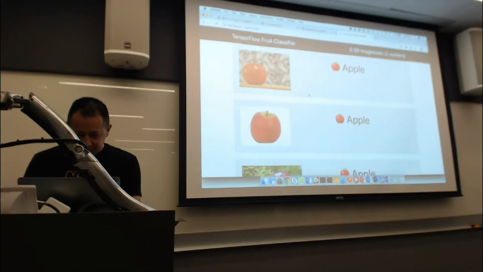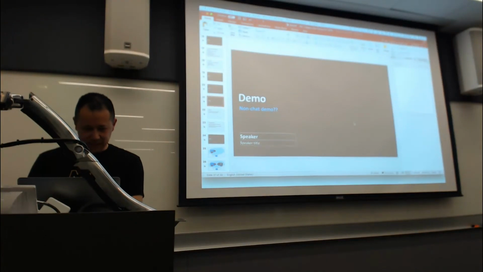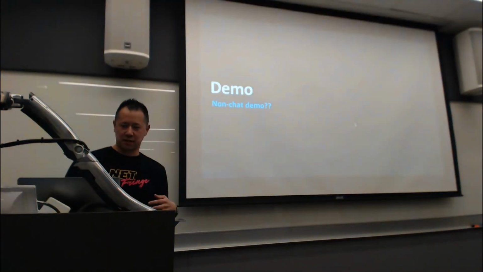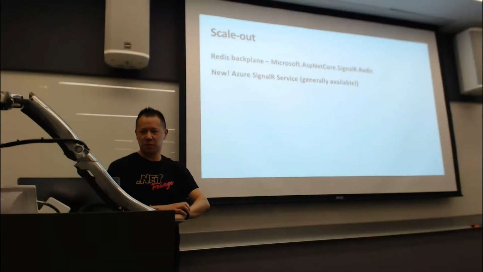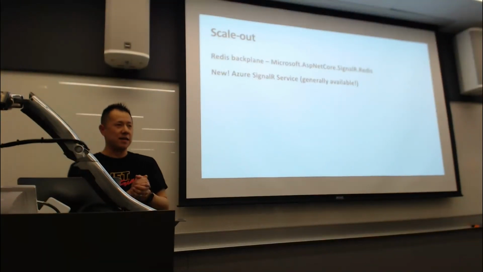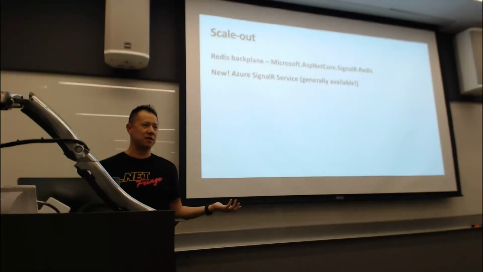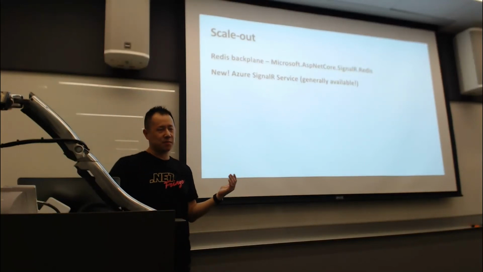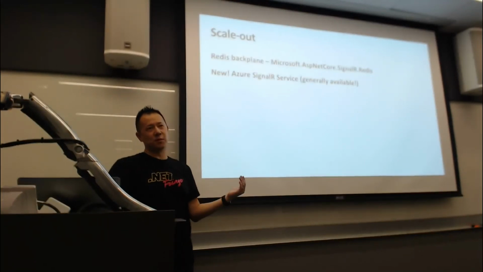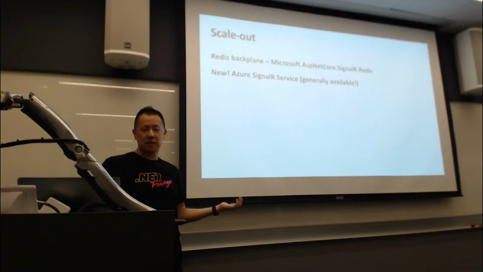All right, back to my slides, which are really just my prompts for what to talk about next. So we have about 20 minutes or so. What I want to talk about now is how you would scale out a SignalR application. Before, the only choice we had was to stand up our own backplane, basically our own instance of Redis.